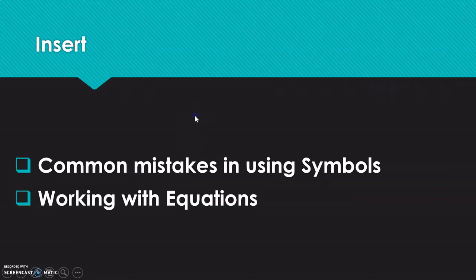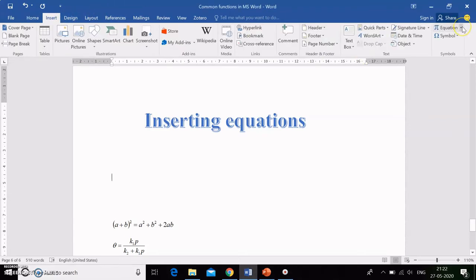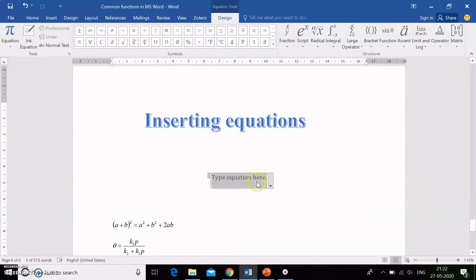Now let's see how to insert equations in a Word document. In the Insert menu, on the right end, you can see Equation. A new equation can be inserted. On the top, you can see all the mathematical functions and symbols that you may require.